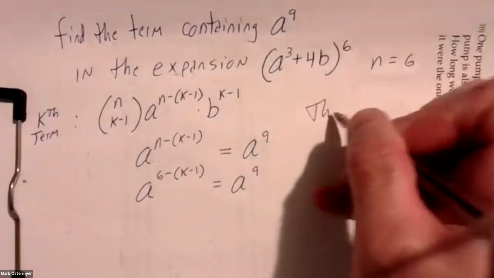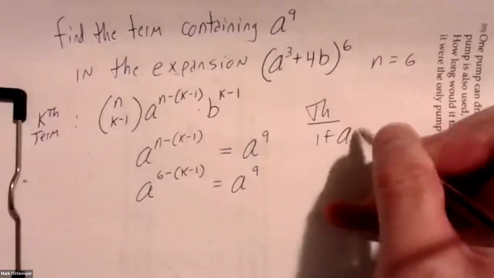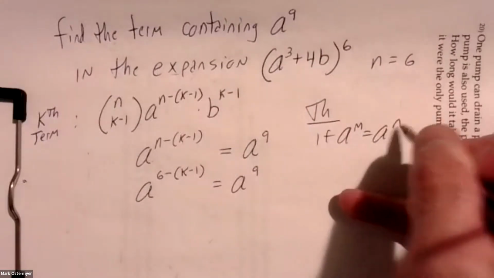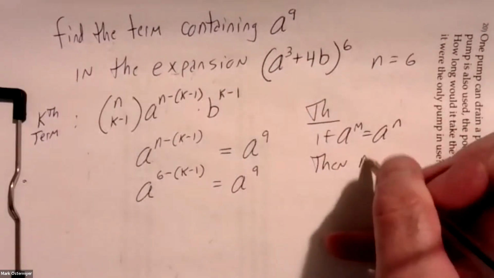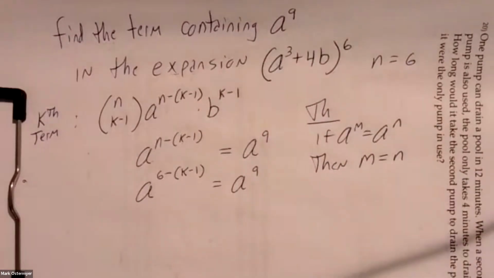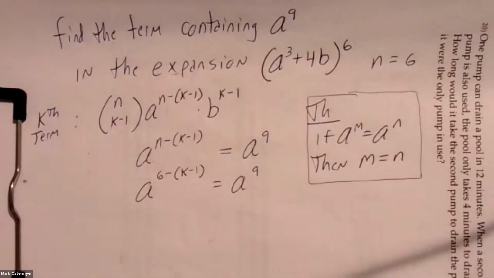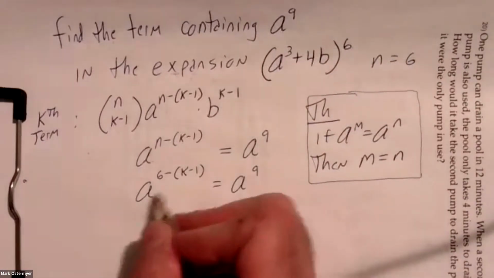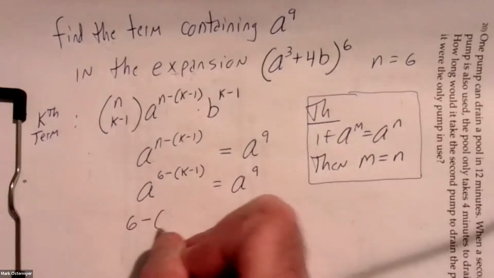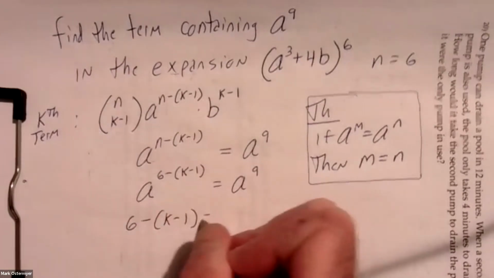There's actually a theorem in mathematics that says that if a to the mth power equals a to the nth power, then the exponents have got to be equivalent to each other. This theorem, unlike most theorems, actually seems very intuitive. It makes sense. It's pretty logical, pretty obvious. So therefore, I'm going to equate the exponents. So 6 minus quantity k minus 1 has got to be equal to 9.